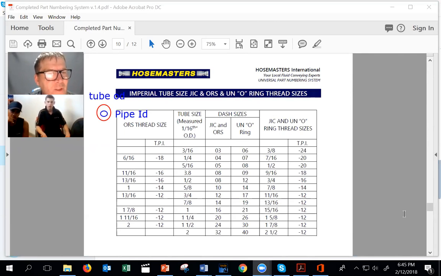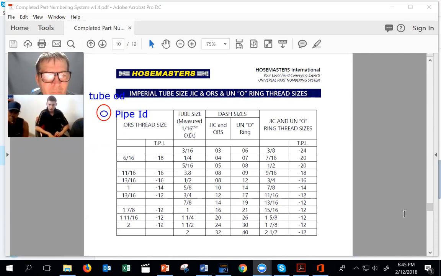So when you're looking at this, you'll start to see the thread size, and I'm going to teach you how to measure the thread, the OD of the thread. But the OD of the thread is not going to help you with the tube, is it? No, because it's a tube fitting. So if you measure the thread, you'll get confused by its dash size. See where I've got the dash sizes?